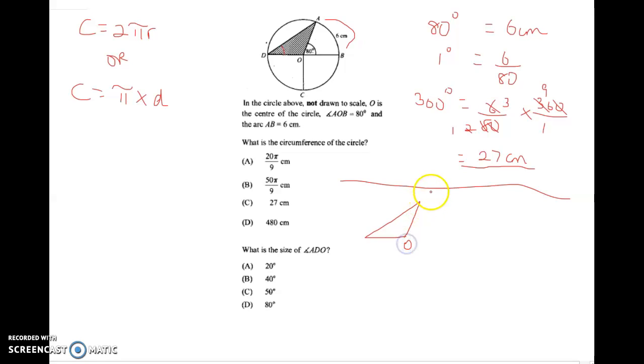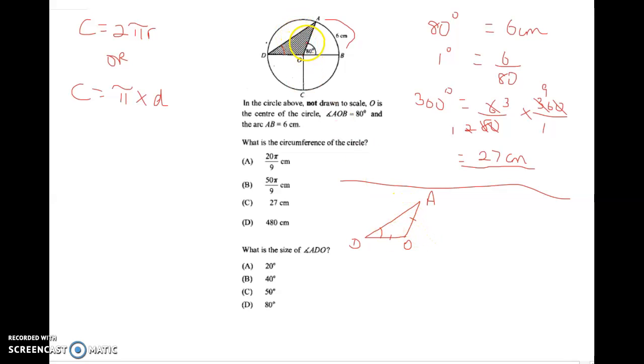This is O, this is A, this is D. We want to find ADO, right? From the diagram, looking across here, O is the center, so from O to D is a radius, and O to A is a radius, which makes what? These two sides equal. So it's an isosceles triangle, right?